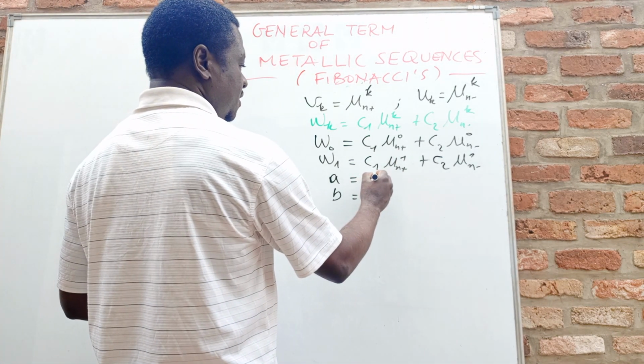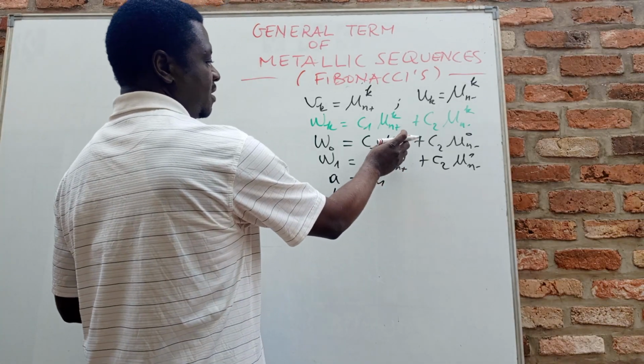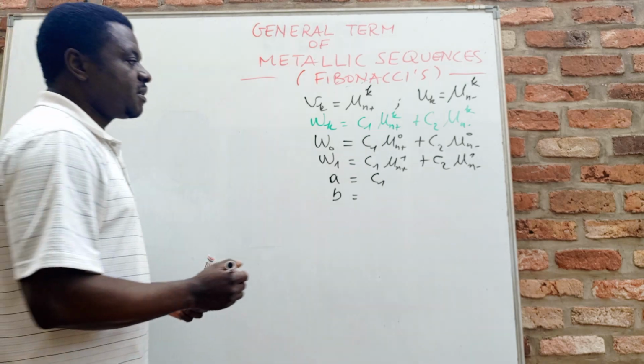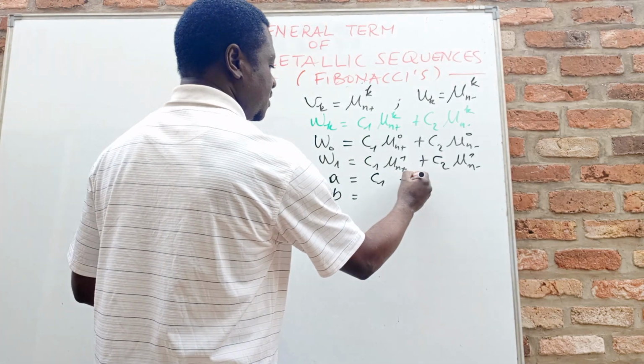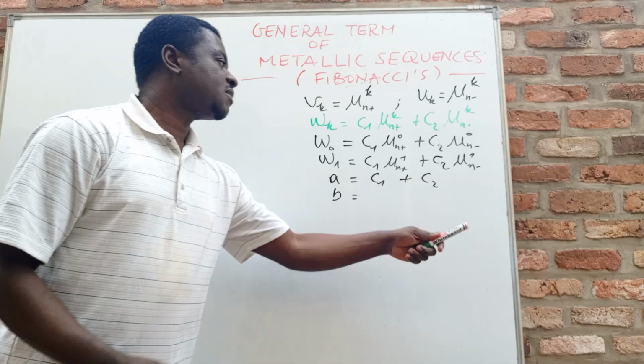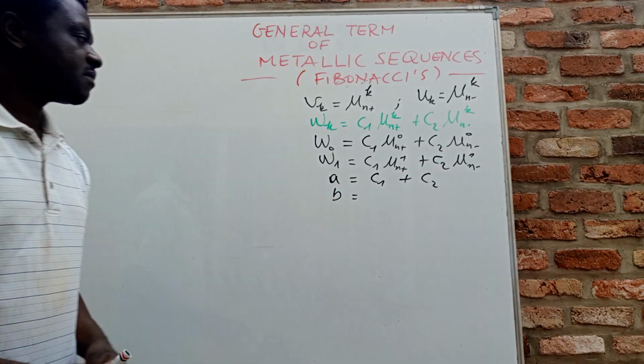So we have C1, so any number different from 0 to the power 0 is going to be equal to 1, plus C2. So this power also leads to 1.